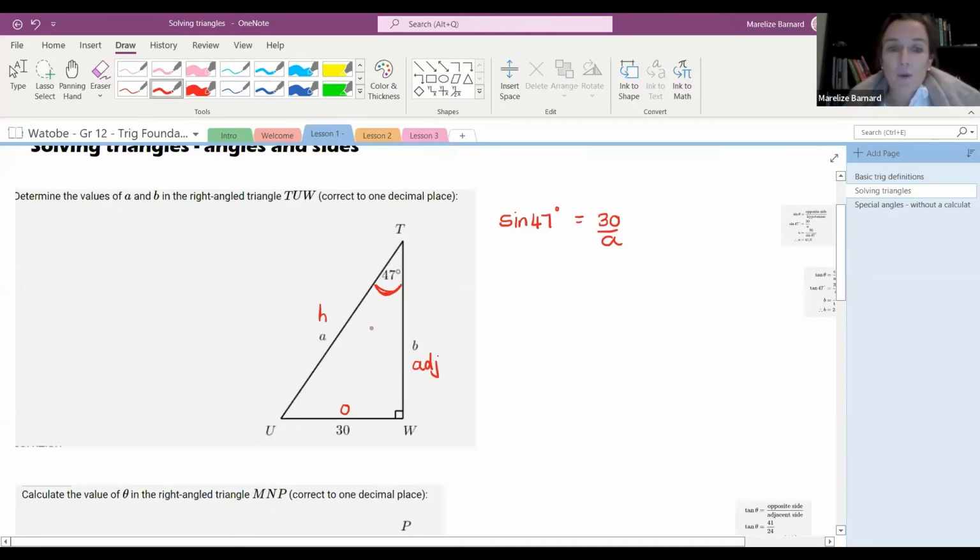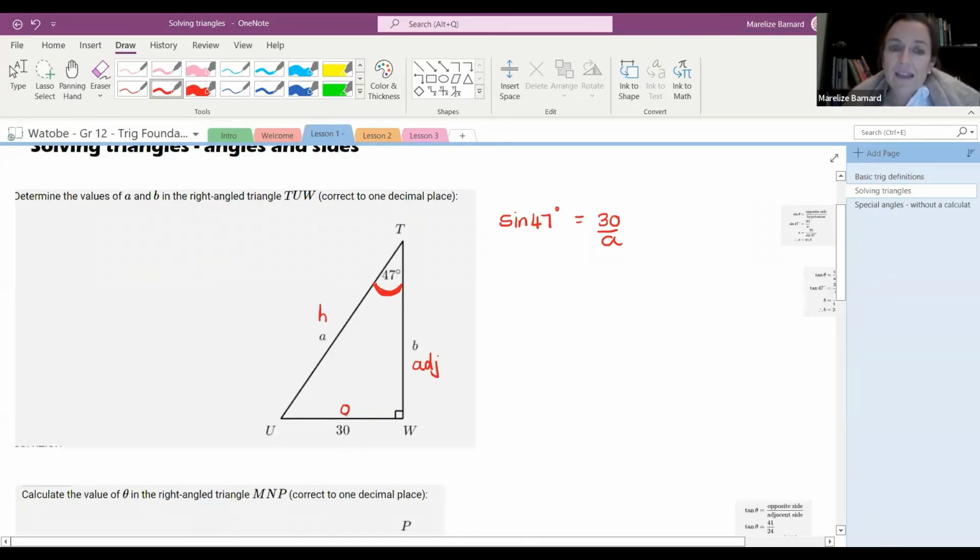Okay, so we have to solve for side A and side B. We're going to start with side A. Side A is relative to this angle here, angle 47. It is the hypotenuse side. The side across from it is the opposite side, and this is going to be its adjacent side.